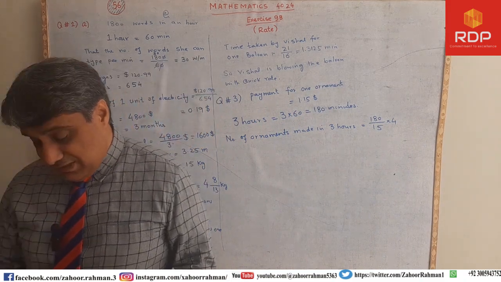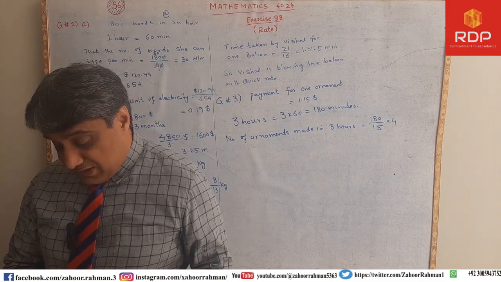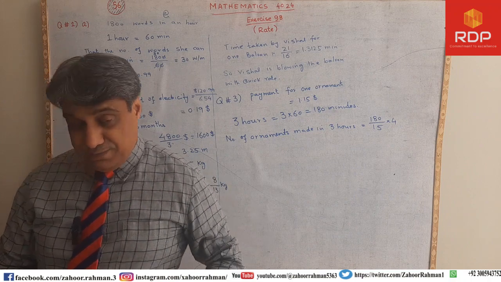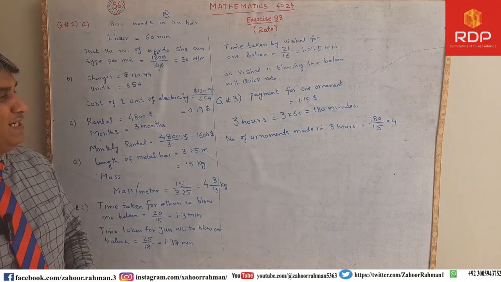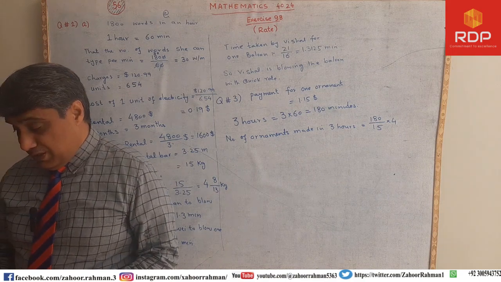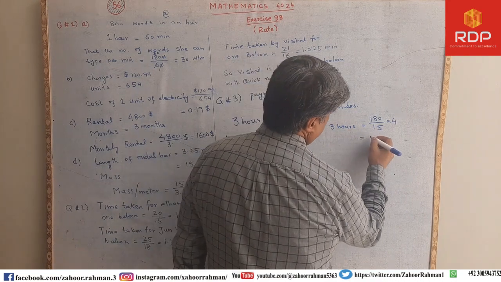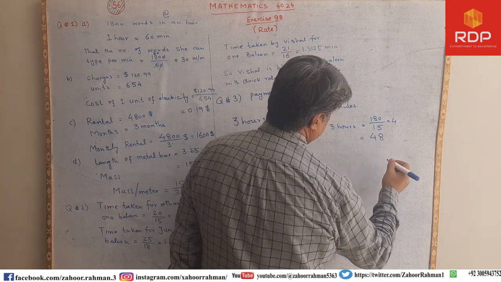Why 4? Because he makes 4 ornaments every 15 minutes. So we have to multiply it with 4. And as a result, we will get 48.